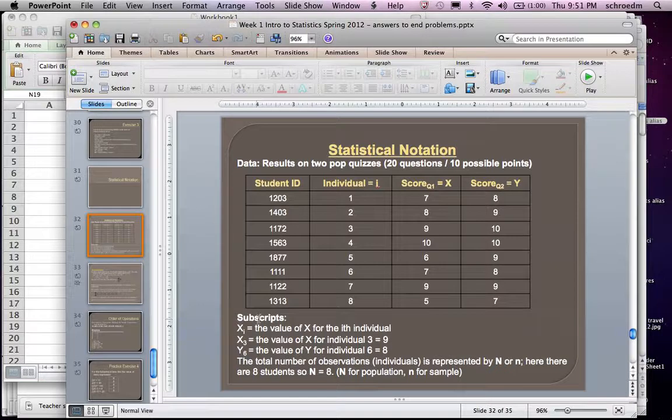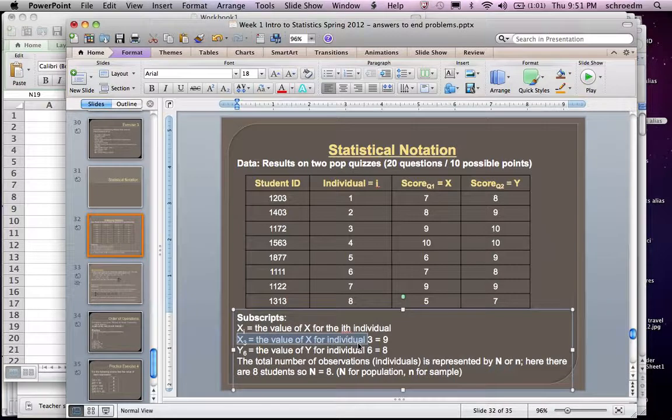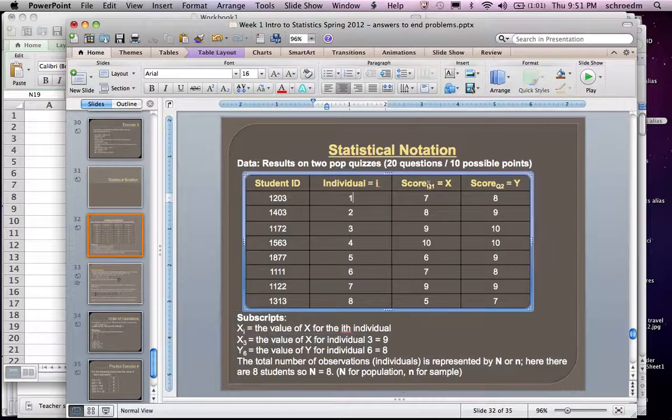Now, if I'm looking at the subscripts, and I say I want X sub i, that means I'm talking about the X value for the ith person. So X sub 3, in this case, means that I'm talking about the X score of the third person. So my i is 3, I'm in this column right here.